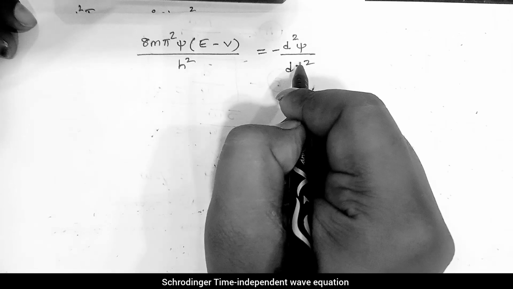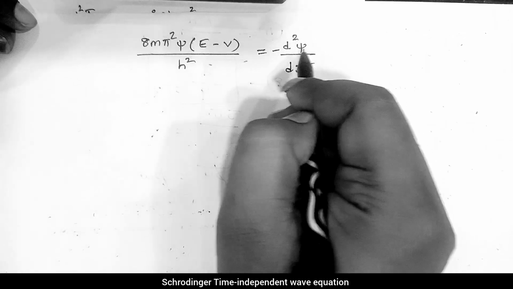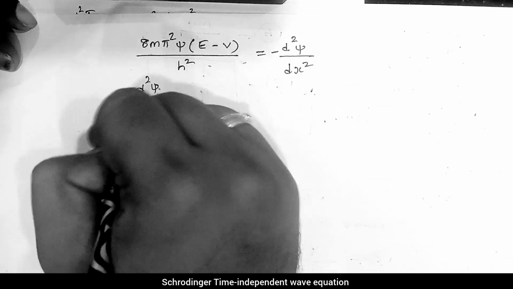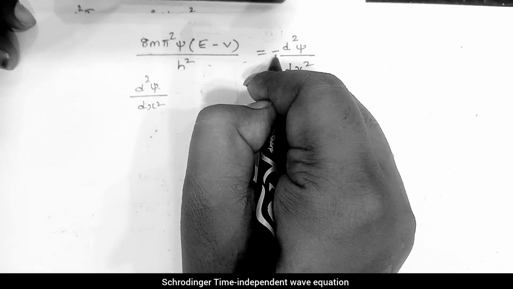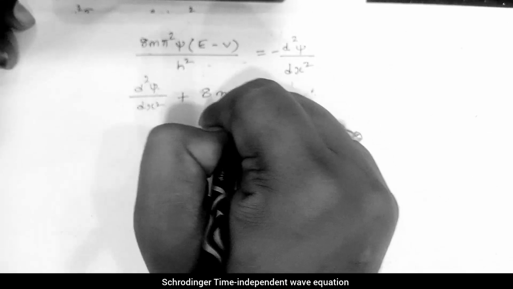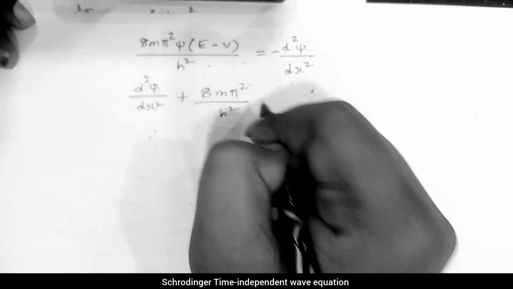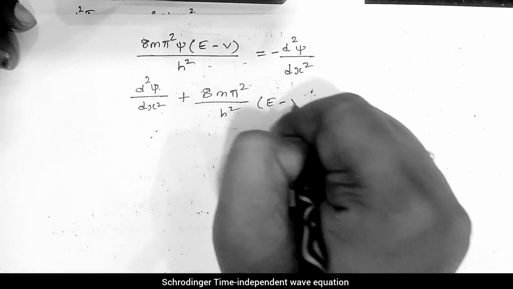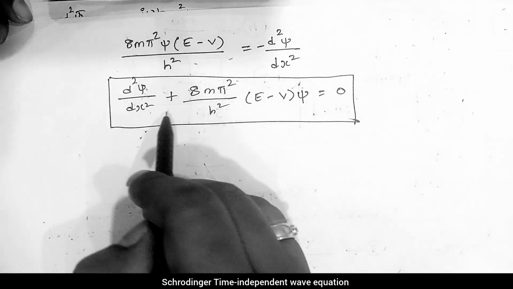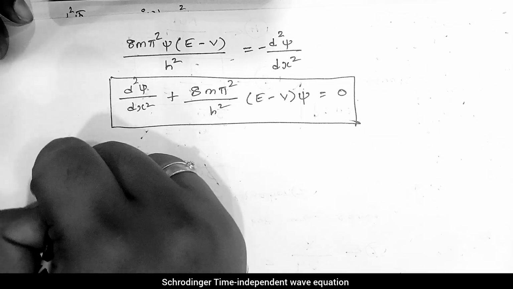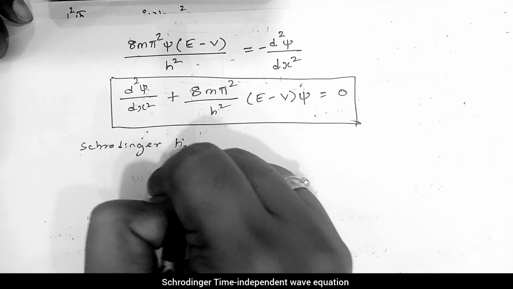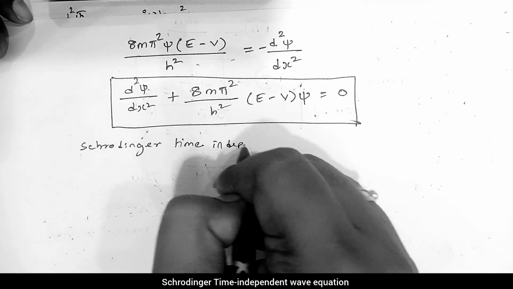As soon as this is arranged, I will be shifting all terms to one side. Then the equation will become d square psi divided by dx square, minus will become plus, plus 8m pi square divided by h square into E minus V into psi is equal to 0. So this equation represents the Schrodinger time independent wave equation.